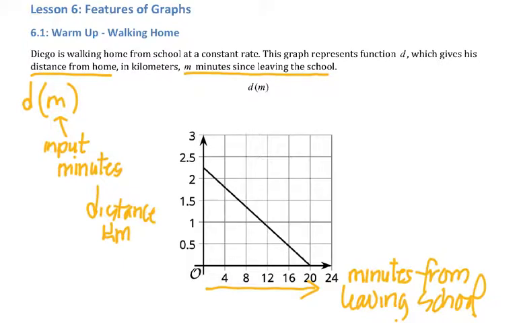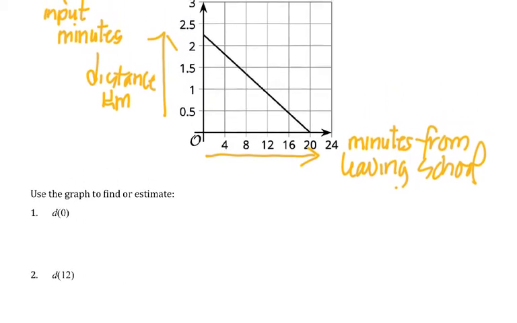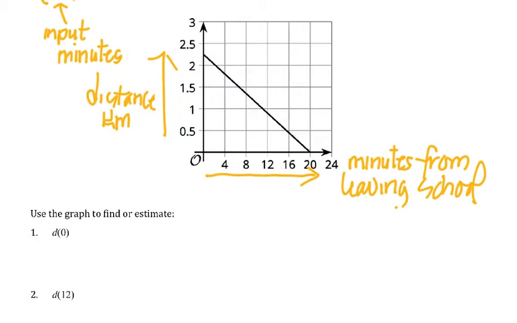All right, so let's just make sure I put this in right here. We know that this is distance, this is minutes. We've got our function d of m. All right, so what we are supposed to do is use the graph to estimate or to find the value of these function notations.